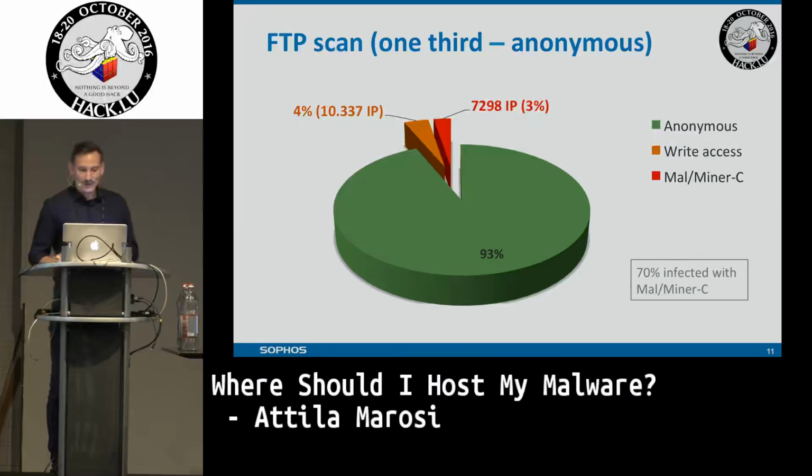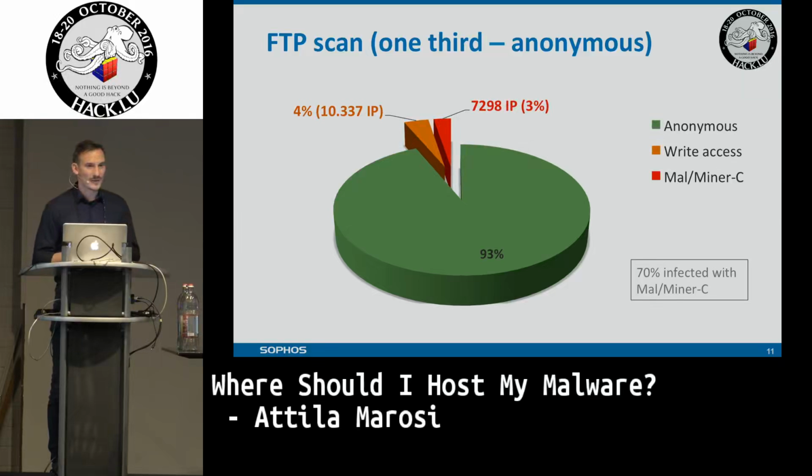If we focus on anonymous servers, where we have the ability to log in with anonymous credentials, there were 4%, the 10K, where we have write access. And when we have write access, 70% were already infected with one threat, malware C. And the average of the full infection is roughly 90%.